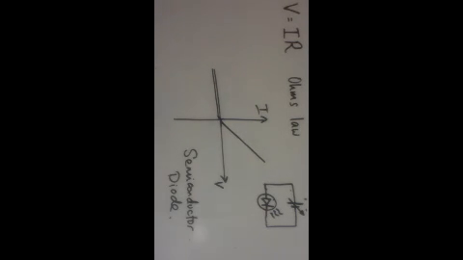Both LEDs and non-LED light emitting diodes, as well as non-light emitting diodes, all show the same pattern on the VI graph. So those are the three things that you need to know about: the ohmic conductor, which obeys Ohm's law; the filament lamp, which obeys Ohm's law for a little bit but then stops obeying it; and the semiconductor diode, which obeys Ohm's law in the forward bias but not in the reverse bias.